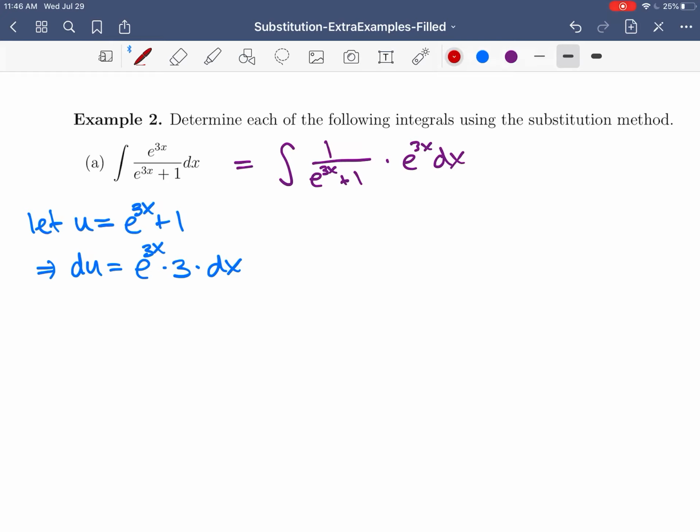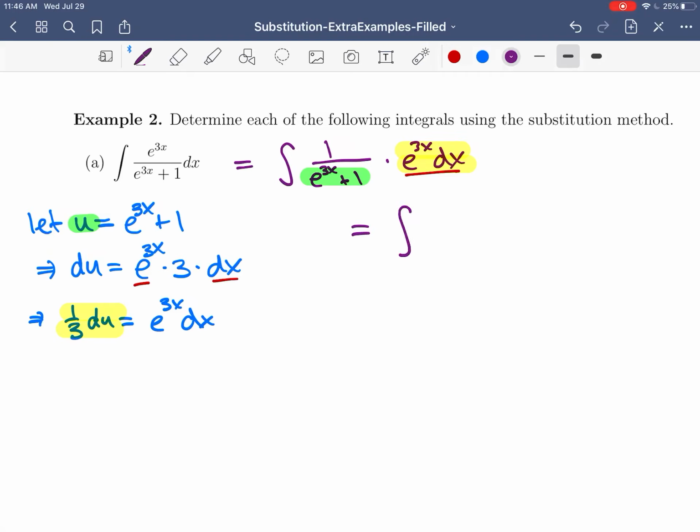Now I can see this part is kind of here. If I move that 3 over, 1/3 du is equal to e to the 3x dx. Now I know how to substitute. This part is my u, and e to the 3x dx is 1/3 du.